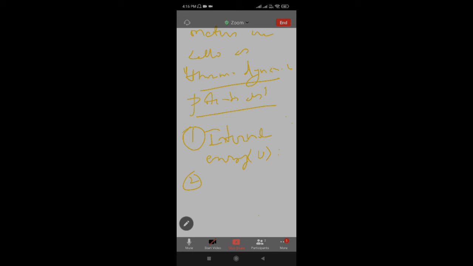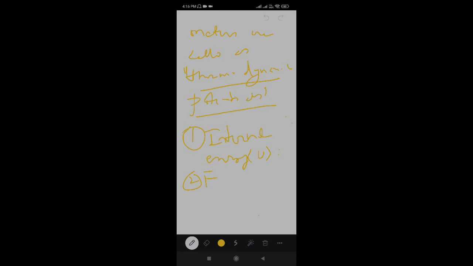So, what are the examples of thermodynamic potentials? Internal energy. Next, free energy, denoted with the letter F.